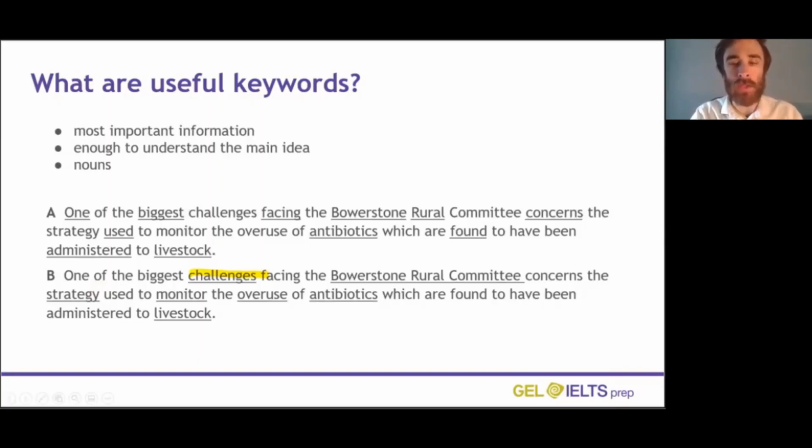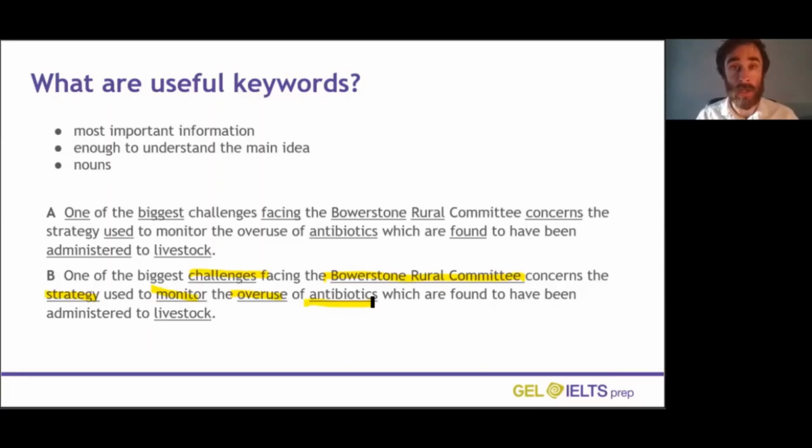Facing the Bowiston Rural Committee. This is the name of a whole organization. So we want to keep that together. It's not separate words, it's one noun phrase. Concerns. Concerns means is about. So that's not so important for the meaning. And then we're talking about the strategy for monitoring the overuse of antibiotics.